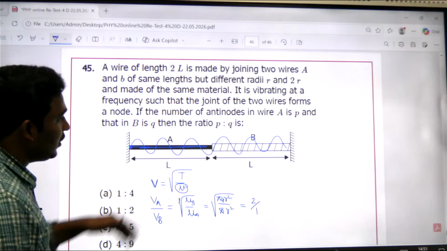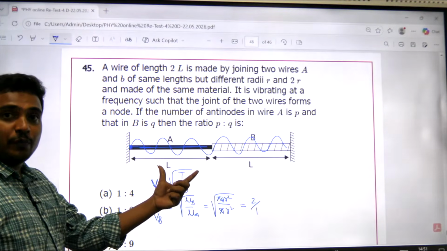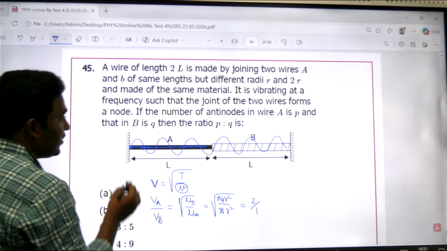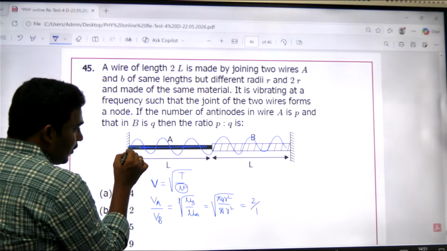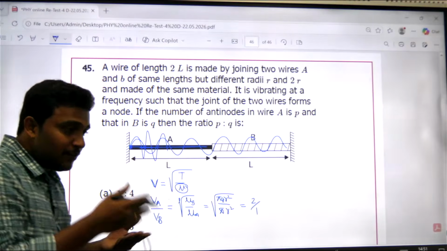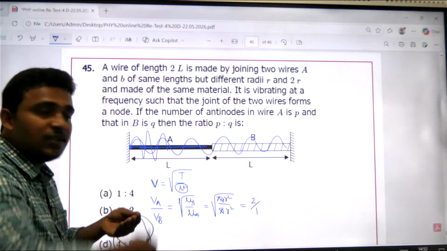Now, we know that the frequency is the same, but the velocities are different. The velocity of the wave in A is much bigger, and the velocity in B is smaller. If the frequency is the same, that means the time it takes to go up and down is always the same.